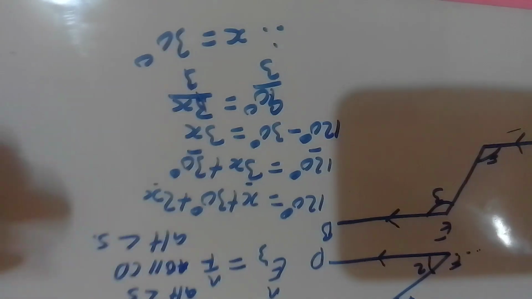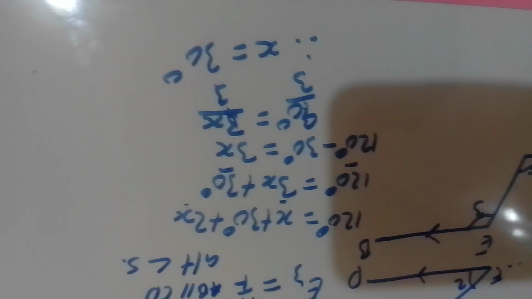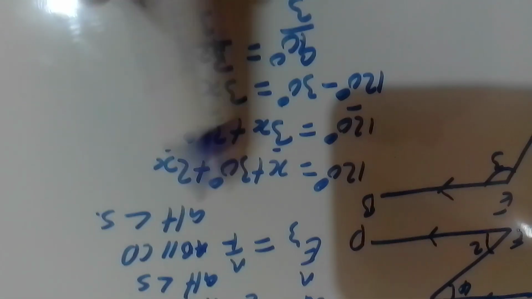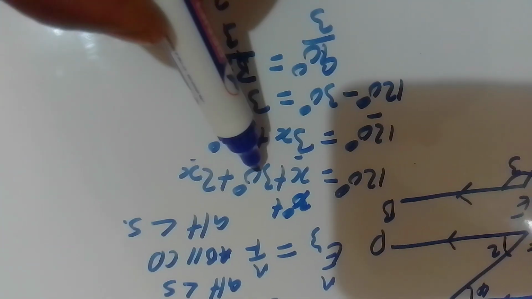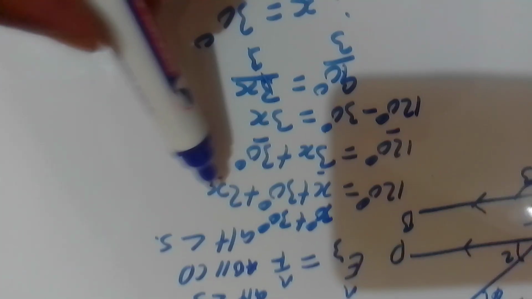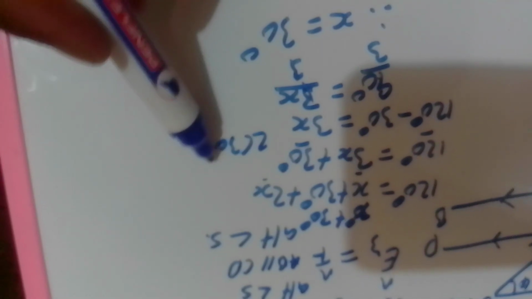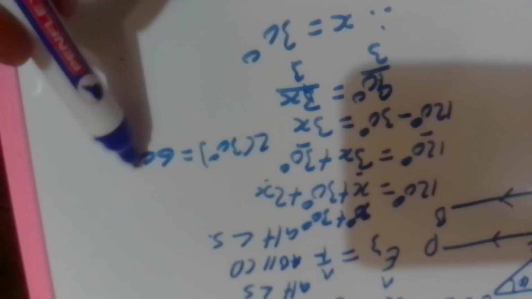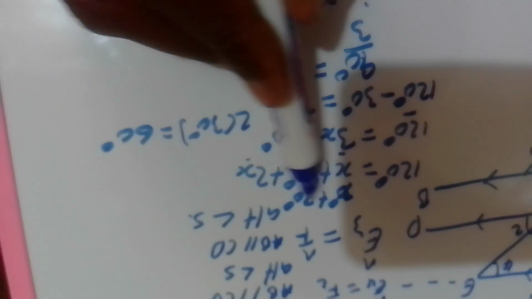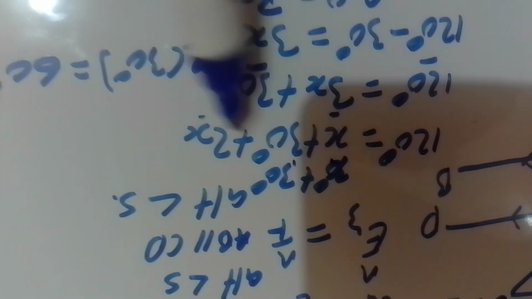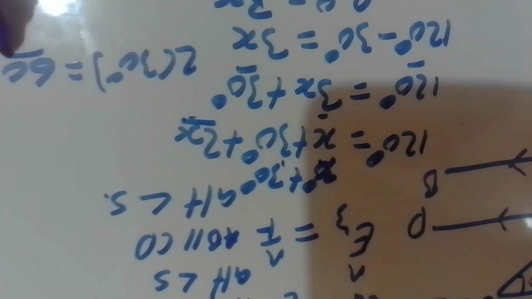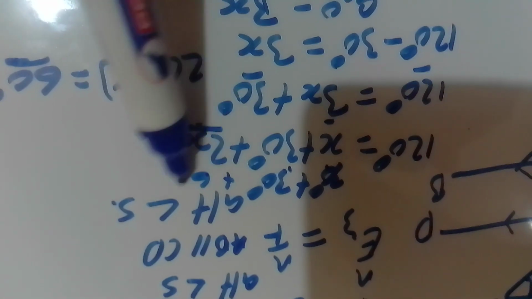But let's verify our answer, whether we found the right answer. Here where there is x, we said that there is 30 degrees. So we are saying 30 degrees plus, here we've got 30 degrees. And here we're given 2x, and we found that our x was 30 degrees. If I say 2 multiplied by 30 degrees, I get 60 degrees. So here I have 30 degrees plus 30 degrees, and here there is 60 degrees, plus 60 degrees.